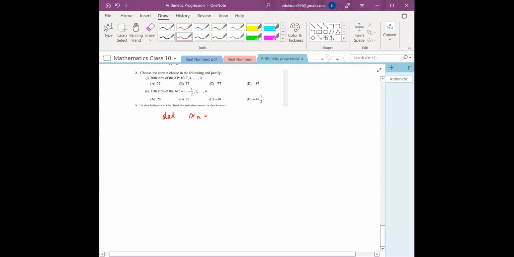You have to find a11, right? So a11 is a plus 11 minus 1 into d, correct? Put the values of a and d and find out the 11th term.